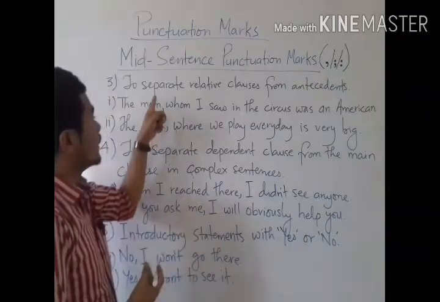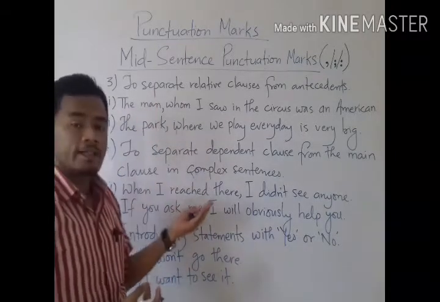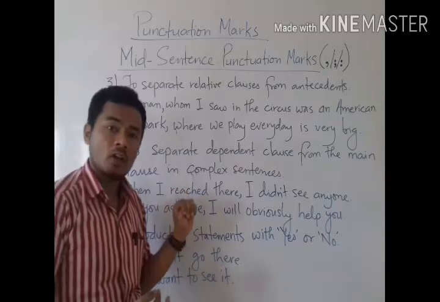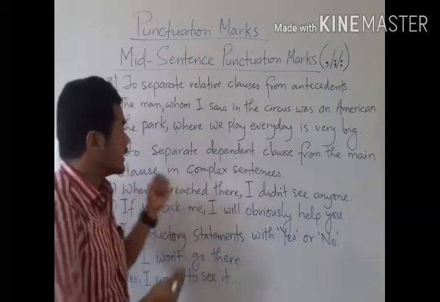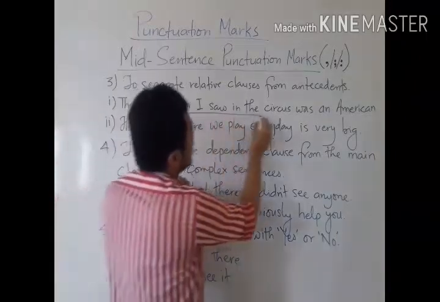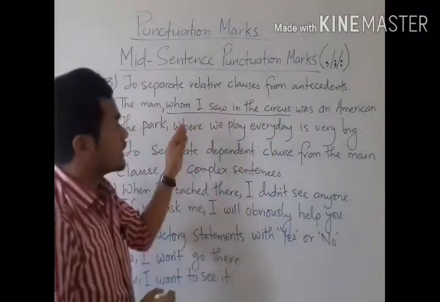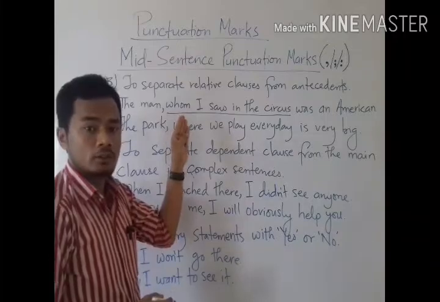See here, after antecedents we have to put a comma, and after the comma we have to put the relative clause. Here, whom I saw in the circus. This is a relative clause.